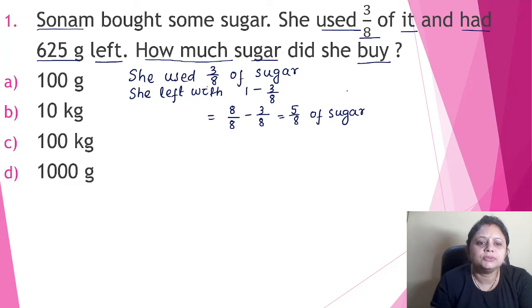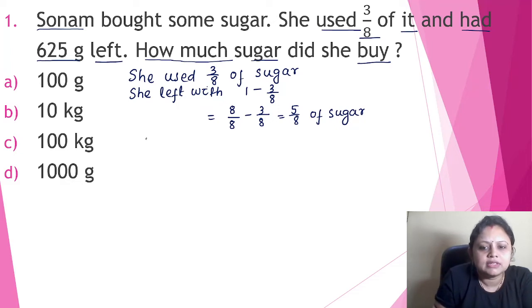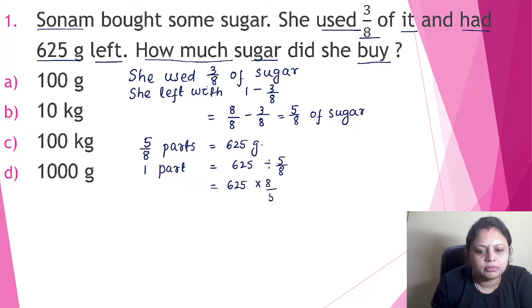And it is told that 625 gram of sugar is left. That means 5 by 8 parts is equal to 625 gram. So one part is equal to 625 divided by 5 by 8, that is equal to 625 into 8 by 5.